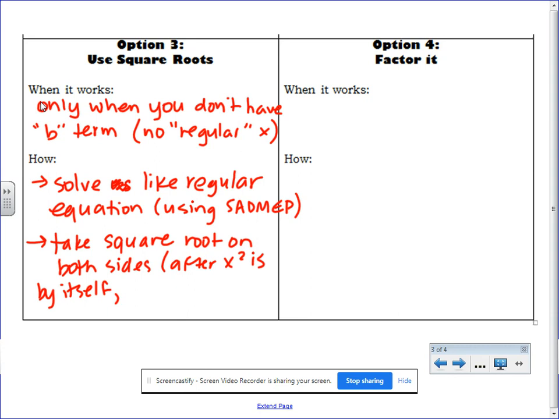And don't forget, the answer is plus or minus. And then that last thing, of course, is if we take the square root of a negative number, it's not a real number, because that number does not exist in any real form.